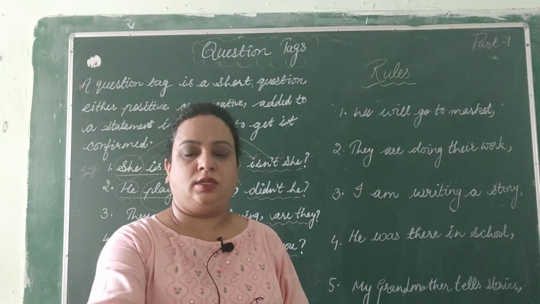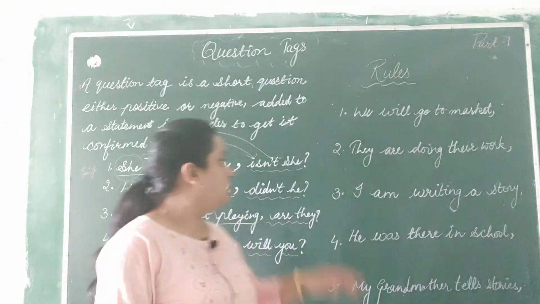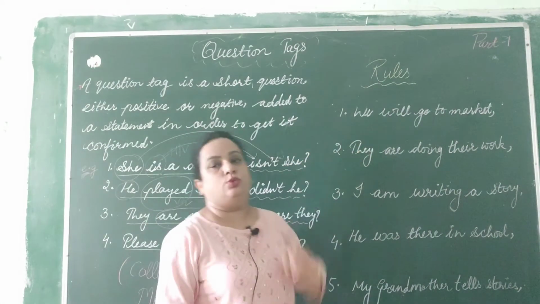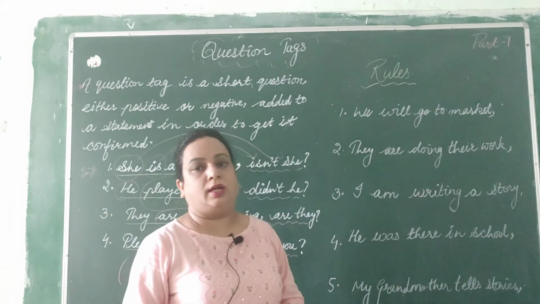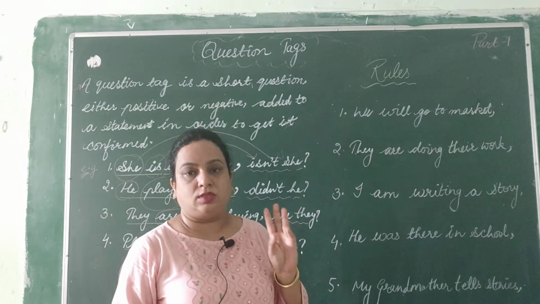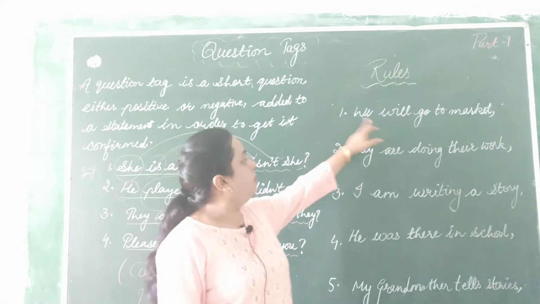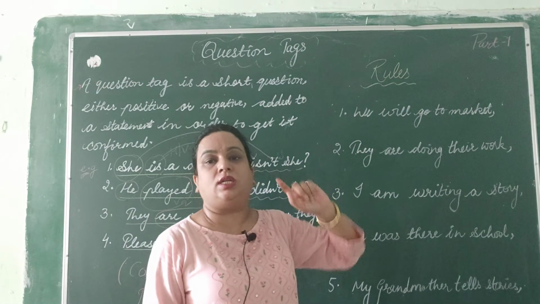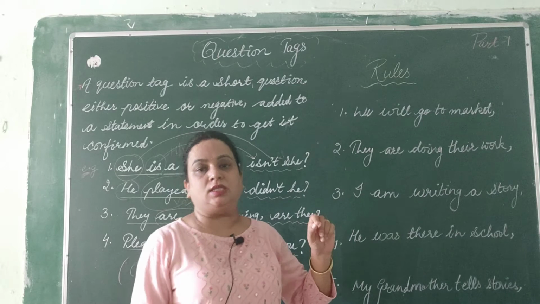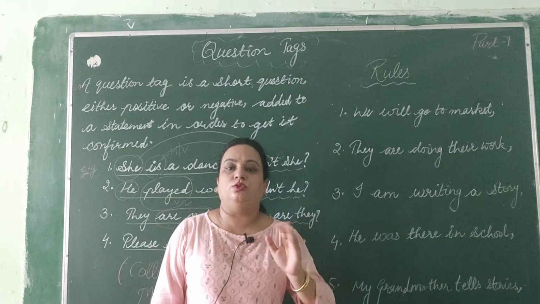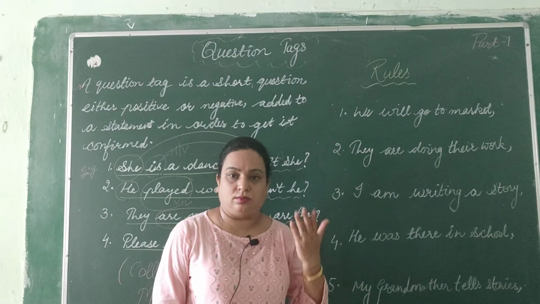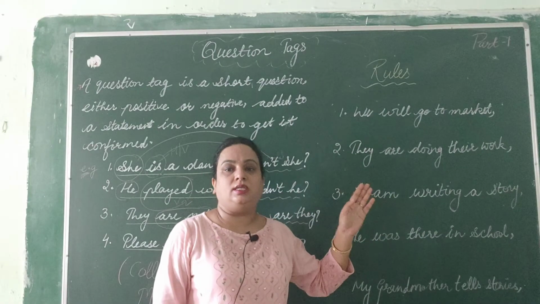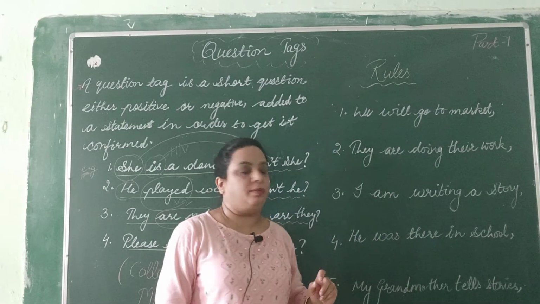Now let's understand this with the help of examples. The first statement given to you is, "We will go to market." Three things we have seen here: first, the helping verb; second, if the statement is affirmative, you have to use the negative form in the tag, and if the sentence is negative, you have to use affirmative.